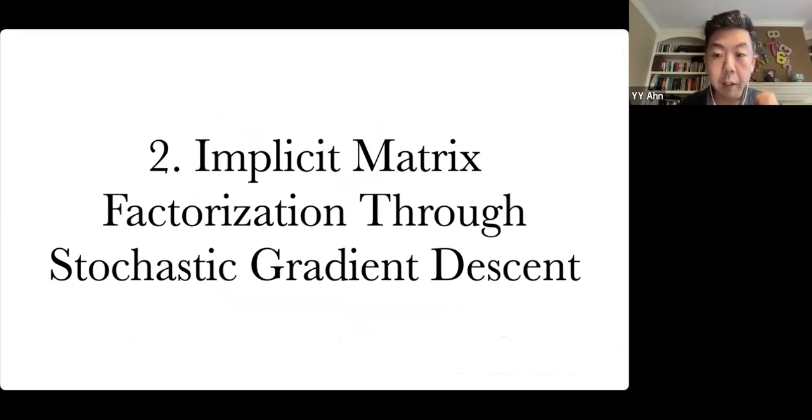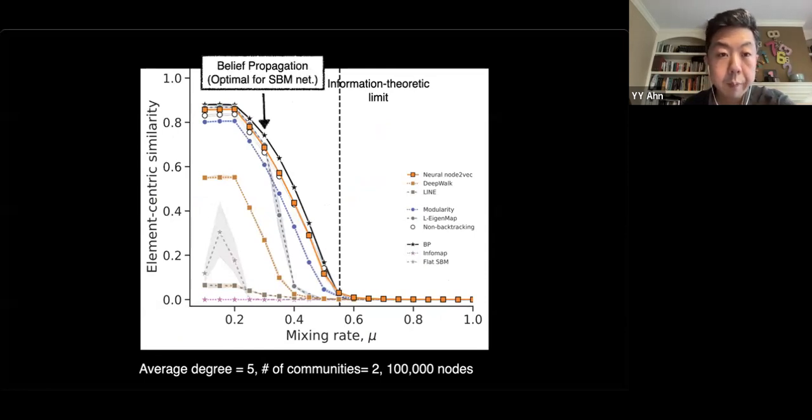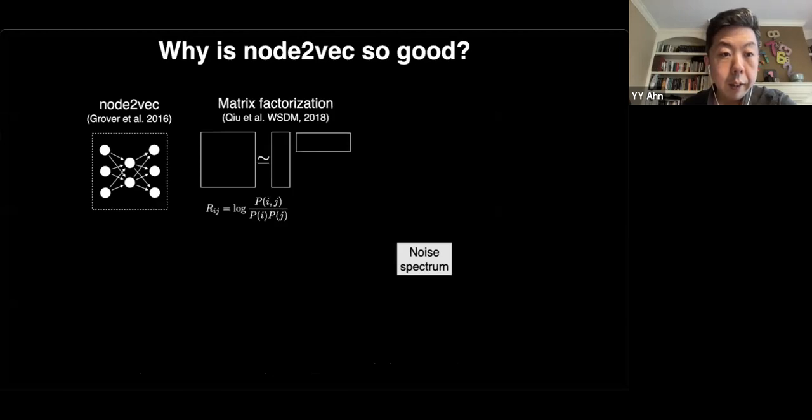Then going back to the clustering result, we can use this implicit matrix factorization to explain that property. As I showed earlier, node2vec works extremely well in terms of finding clusters, and the reason why it's so good can be studied by thinking about matrix factorization.